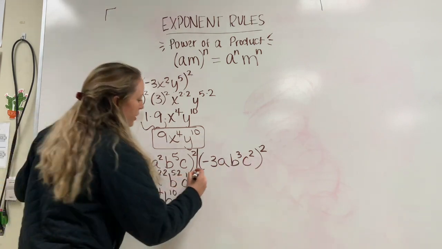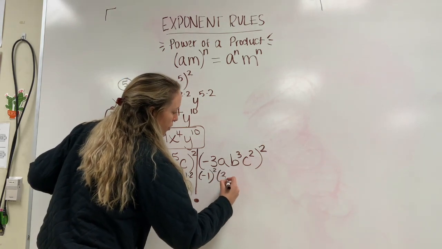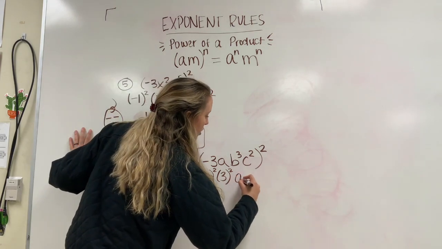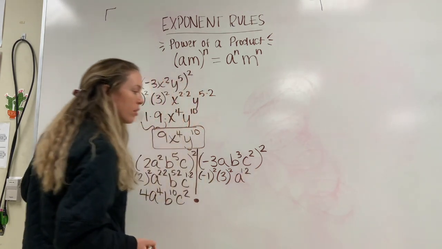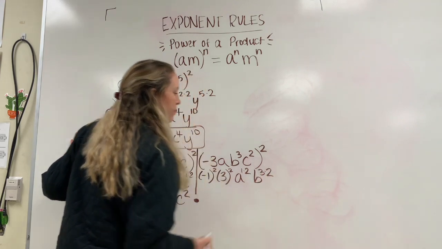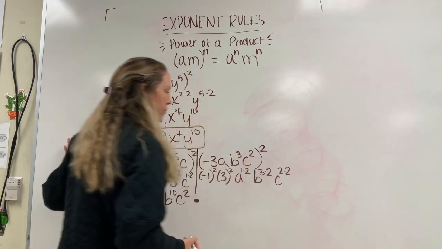Over here we've got (-1) squared, 3 squared, a to the 1 times 2, b to the 3 times 2, and c to the 2 times 2.